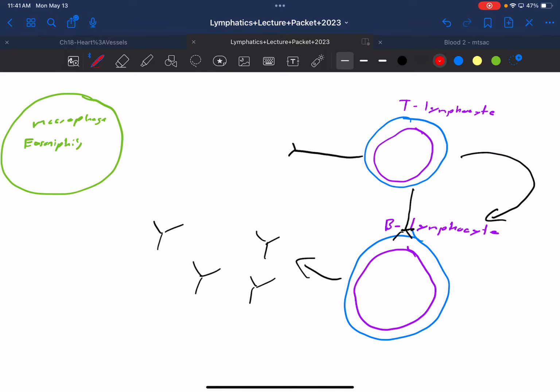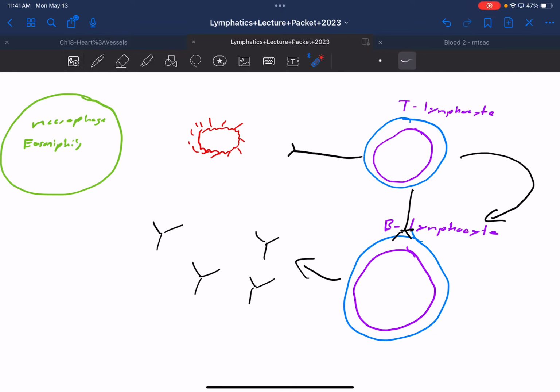We don't get into extensive molecular detail, but let's say that you get a little bacterial bug here. And when this enters your system, your T lymphocytes can, in essence, read out what they're detecting, something foreign.